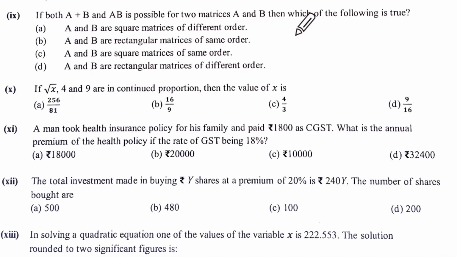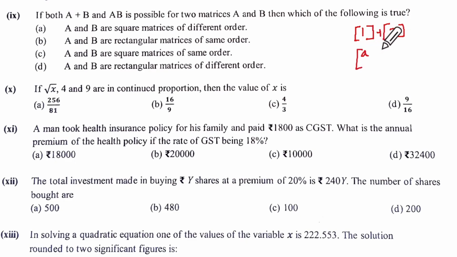Both A plus B and AB are possible for 2 matrices. A plus B is possible only when AB is also possible. So now see, if it is just one matrix here and another matrix here, then I can add them, subtract them, multiply them, correct?